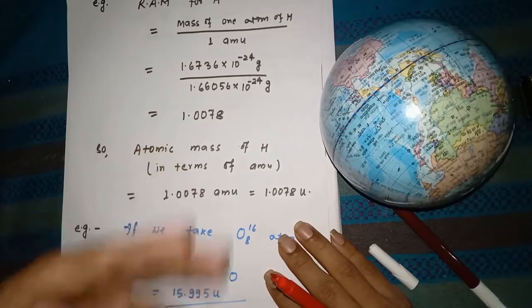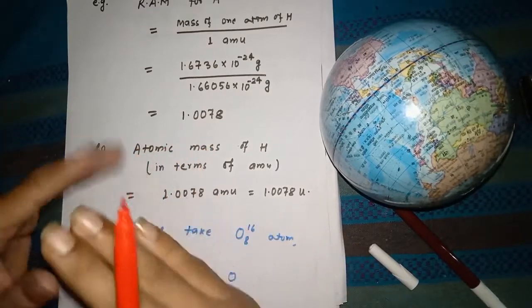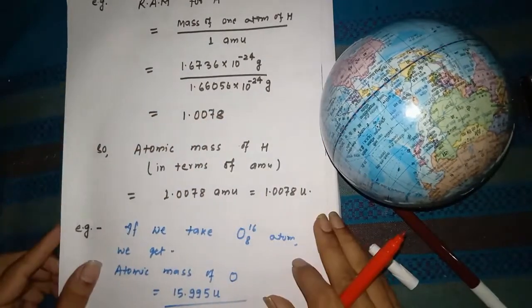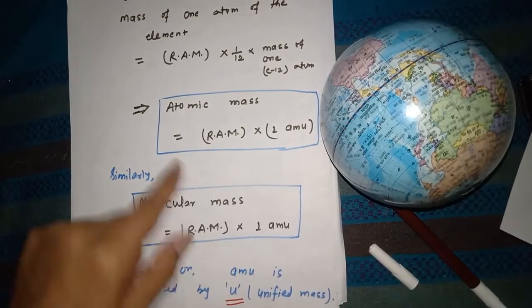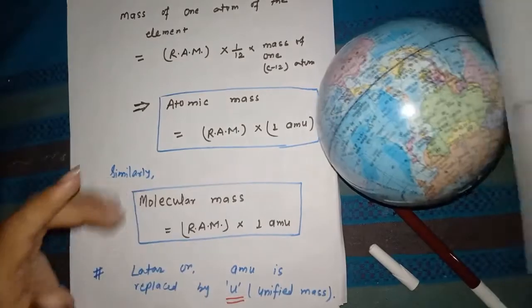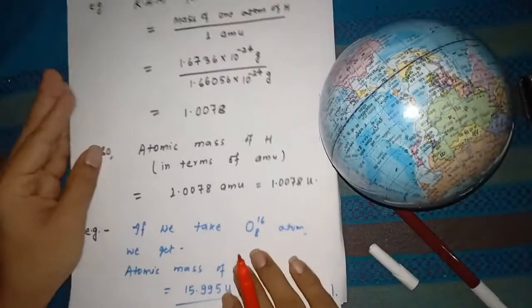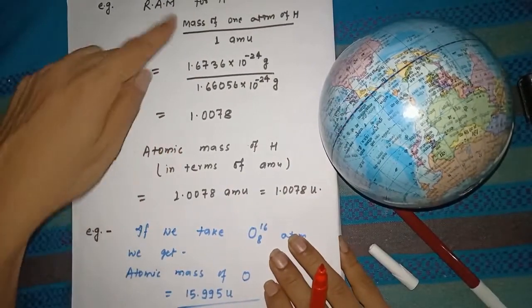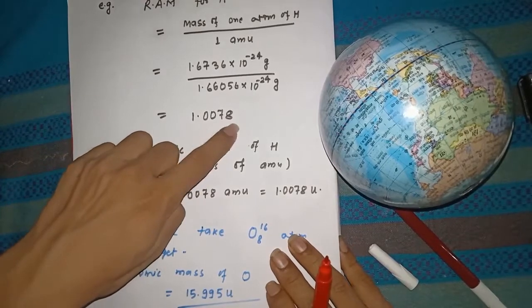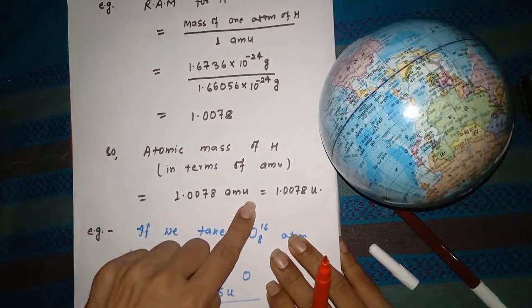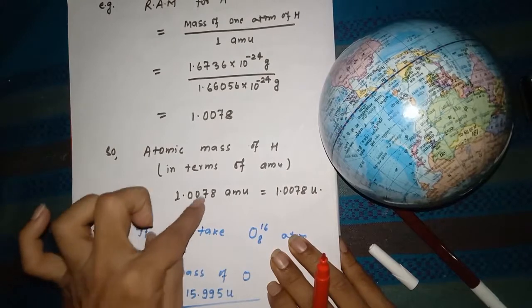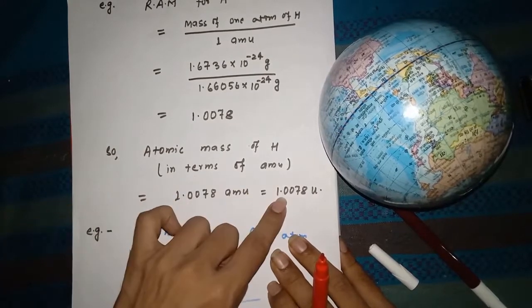This means the atomic mass of hydrogen must be RAM into 1 AMU. That gives the RAM of hydrogen as 1.0078, and into 1 AMU, it becomes 1.0078 AMU.